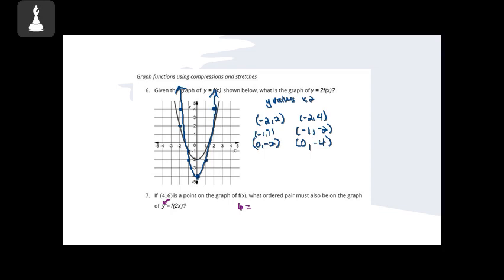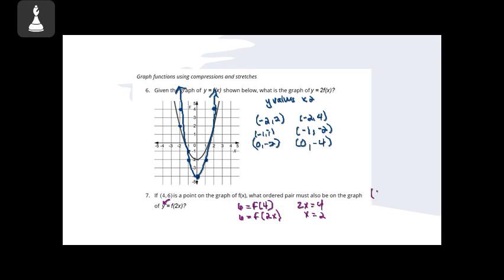We know that to be true. That's the original information. 6 is equal to the function evaluated at 4. But now what I want is 6 to equal the function of 2 times x. So we want to know 2 times what gave me 4. Well, x would have to be 2 in order for that to work. So 2x equals 4, x would have to be 2 in order to keep the y value the same. So 1 point could be (2, 6).